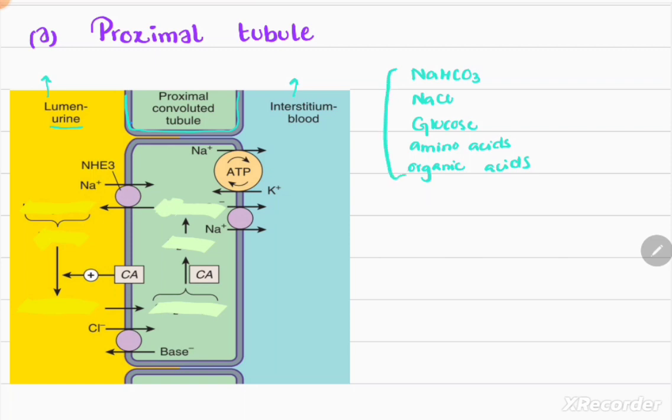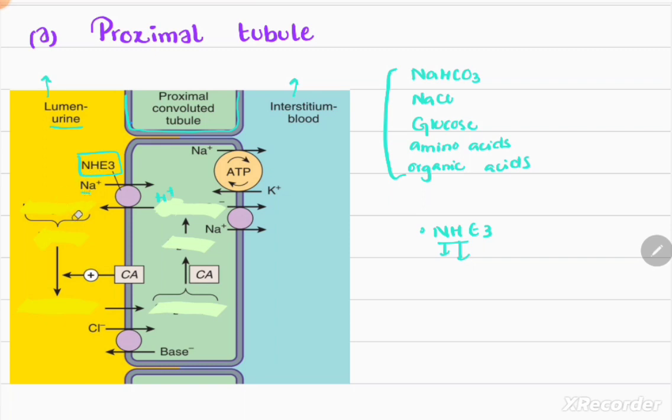Here we have a transporter which is known as NHE3. NHE3 is basically a sodium and hydrogen exchange transporter, which causes the influx of sodium and the efflux of the proton.